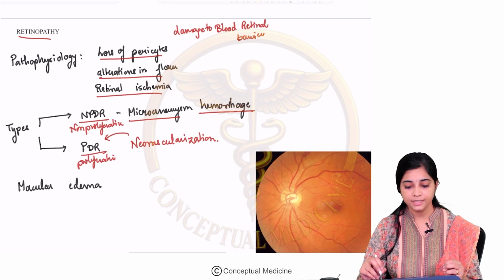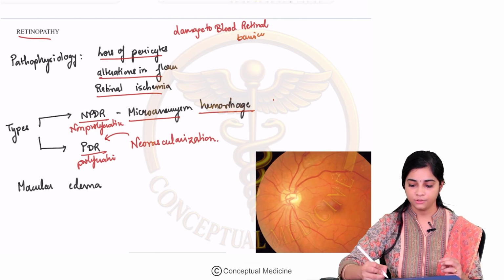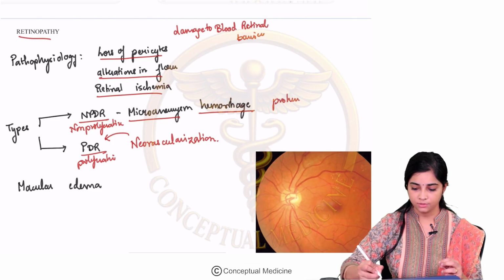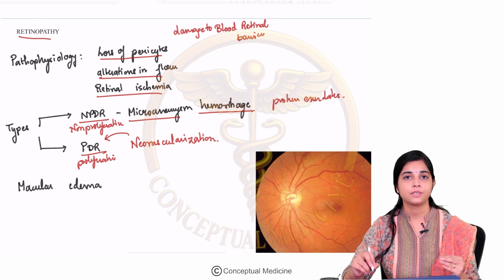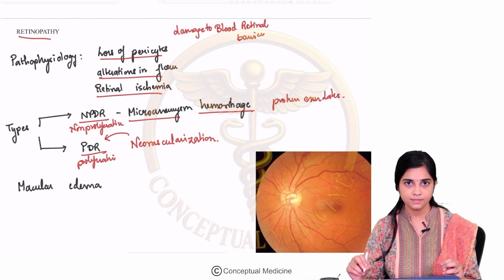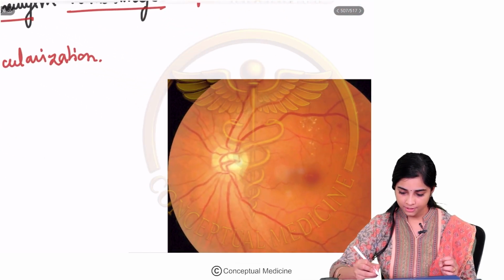So in your NPDR, you can have microaneurysm formation, hemorrhages within the retina, and protein exudates, which we call hard exudates. But as the disease progresses, your NPDR becomes PDR and you can have neovascularization. Can you see here? You can see that there is damage to the vessels and these are your hard exudates.